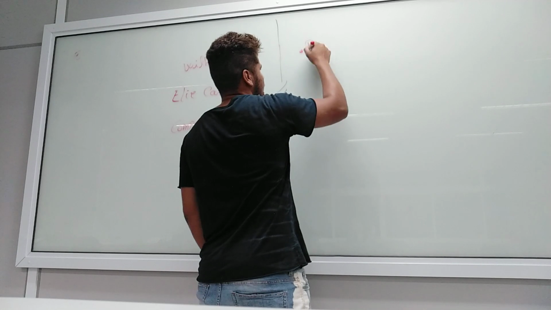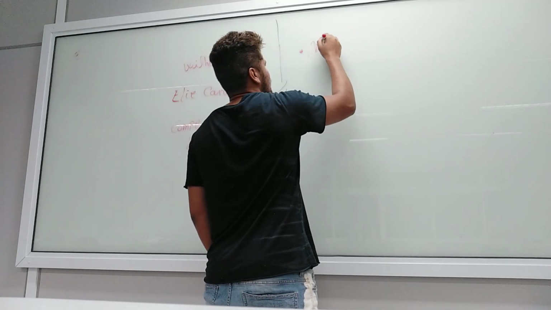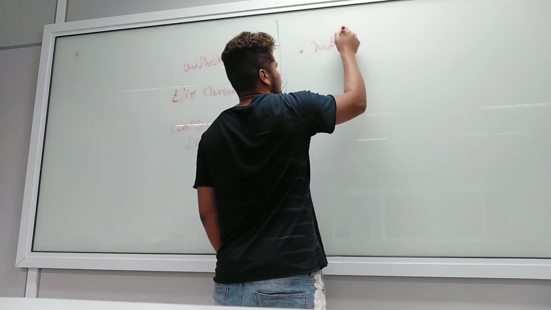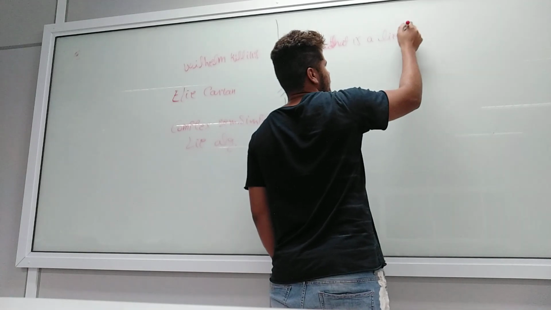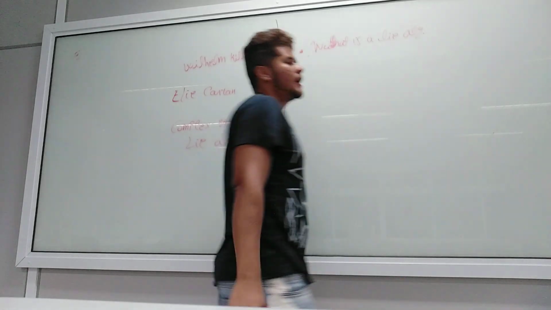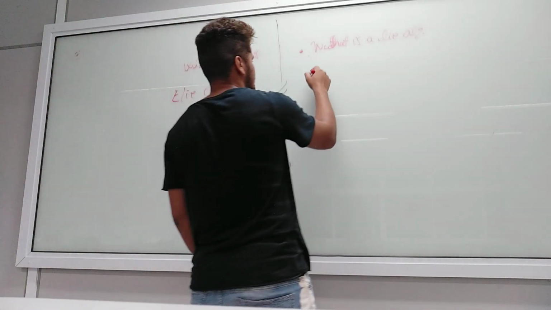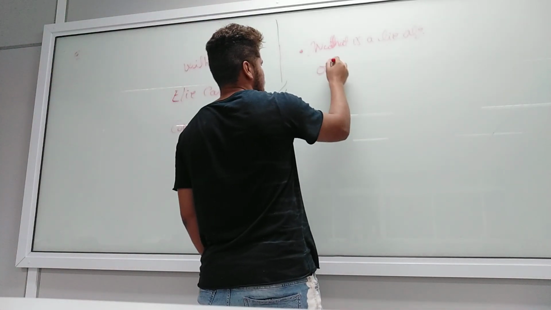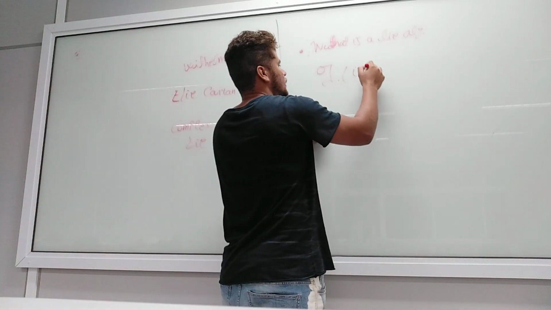Start with defining what is a Lie algebra. A Lie algebra is a vector space, let's say G, and its notation is g in Gothic.